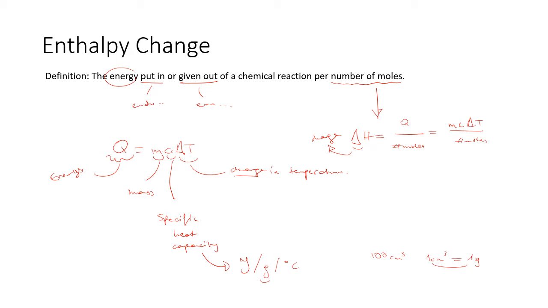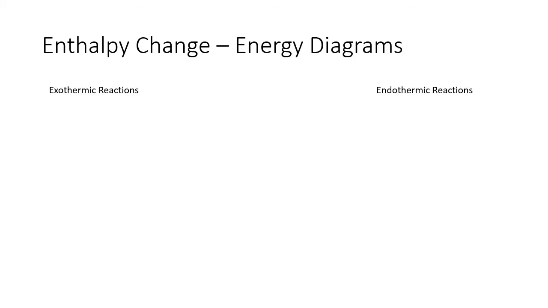Now let's move on to a more sort of visual representation of what I just said. Let's say, for example, you were asked to draw diagrams to represent the changes in energy during a chemical reaction. We'll have the grids, we'll have time as the reaction proceeds on the x-axis, and energy in kilojoules of the system, of course.